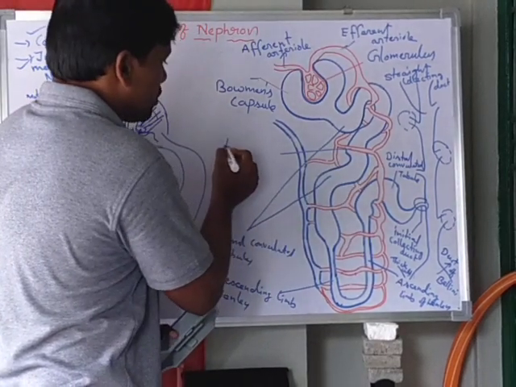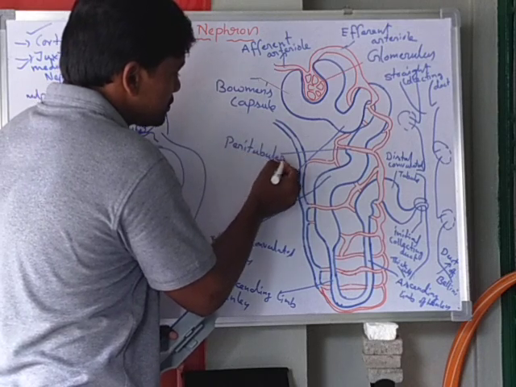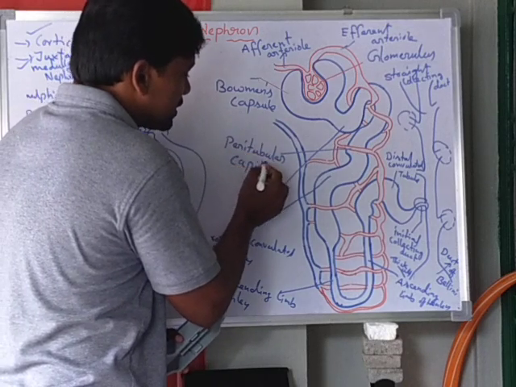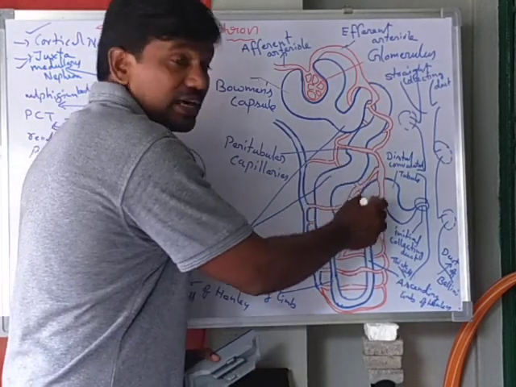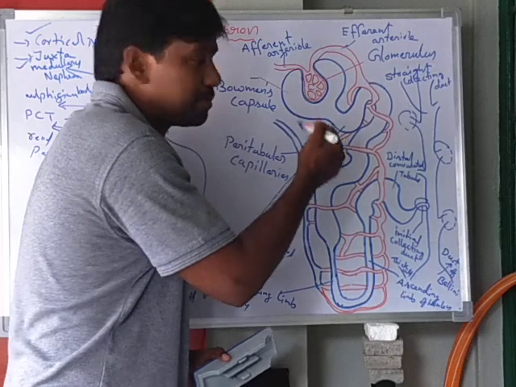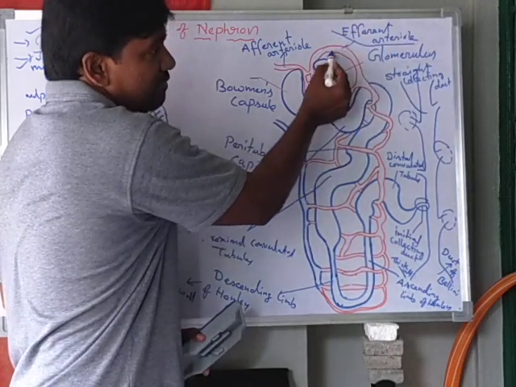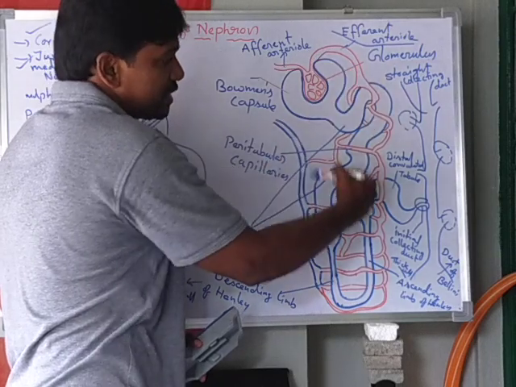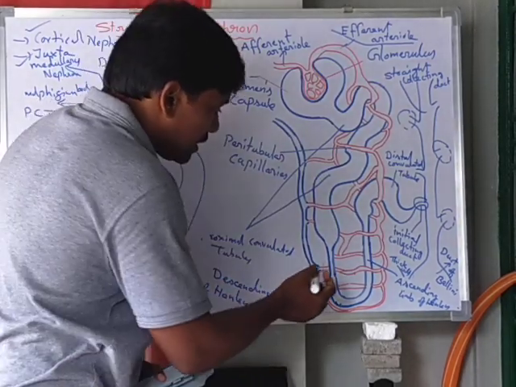These peritubular capillaries are formed by the afferent arteriole. Here we see this is the afferent arteriole.